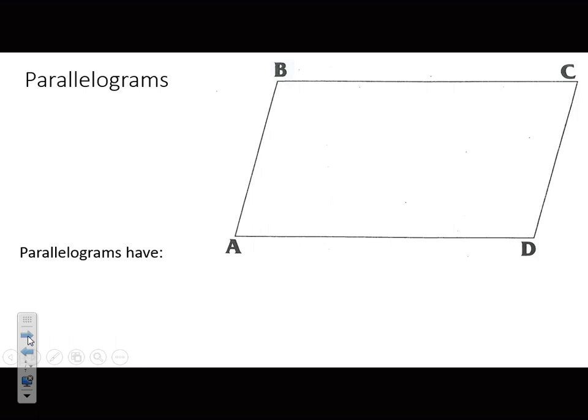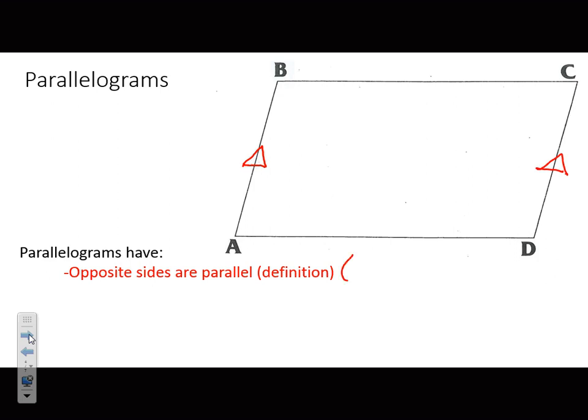So parallelograms have some very unique features about them. The first thing that's unique is that their opposite sides are parallel. So opposite sides are parallel, which means they have the same slope and they're never going to touch. So here, AB is parallel to DC.